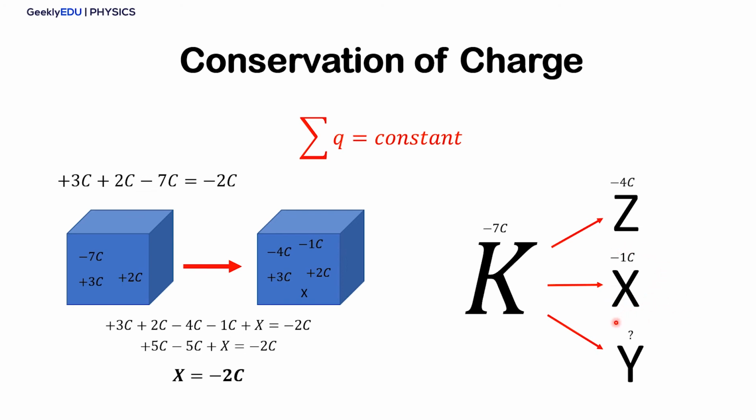So what is the charge of the missing particle? If we add -4 plus -1, we have -5. So we're missing something. By the conservation of charge, it needs to be -7. So if you have -5, we're still missing -2 Coulombs.